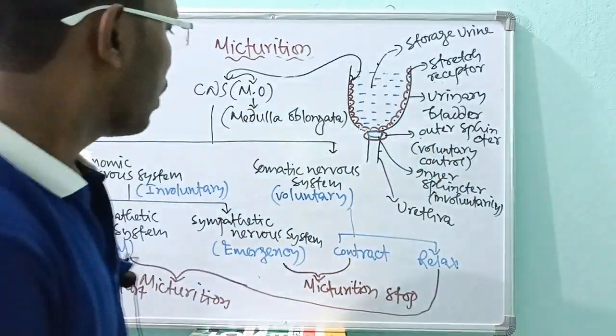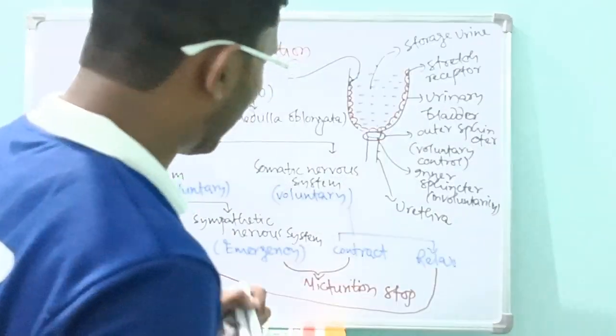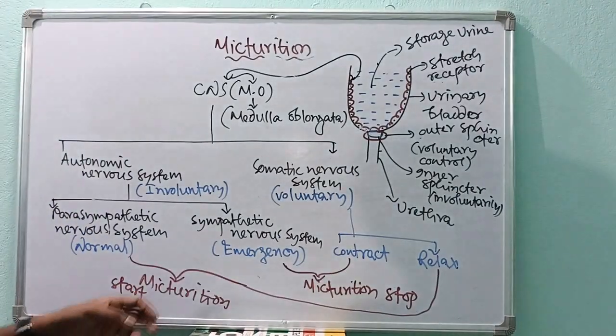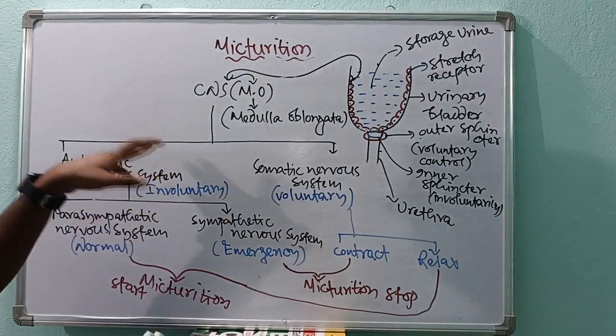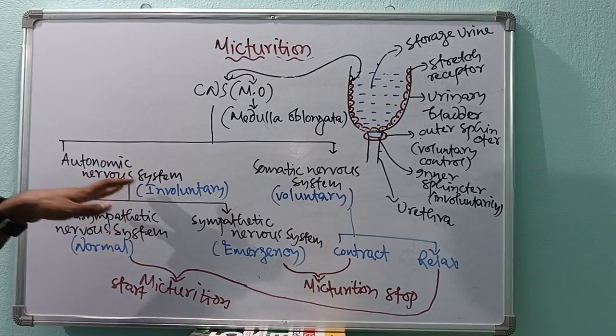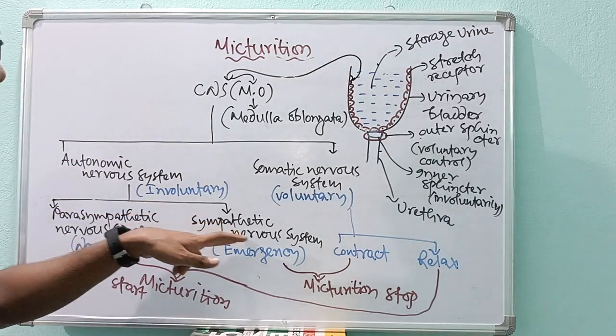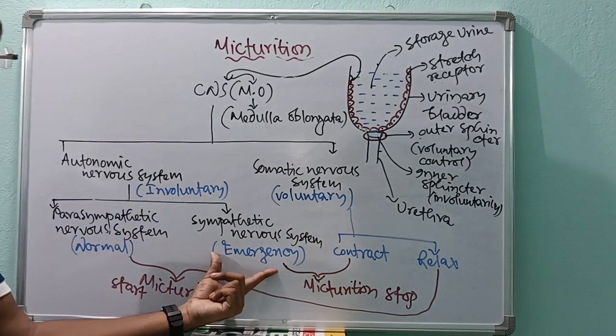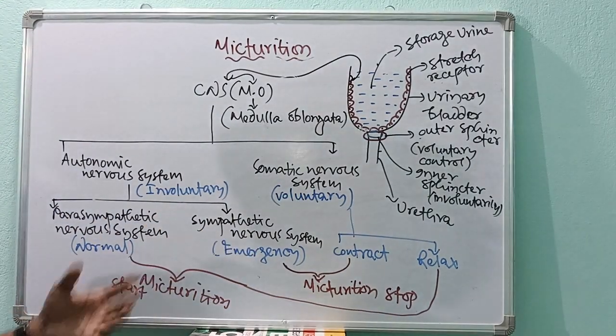So in an emergency situation, the central nervous system stimulates the sympathetic nervous system of the autonomic nervous system, because it works in emergency situations. So it has sympathy.